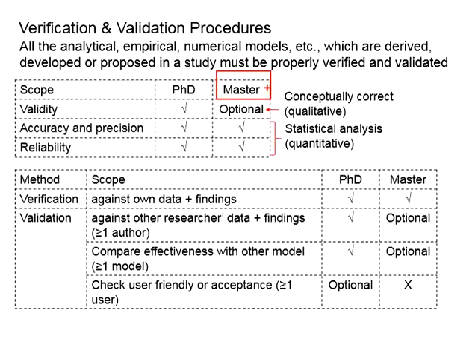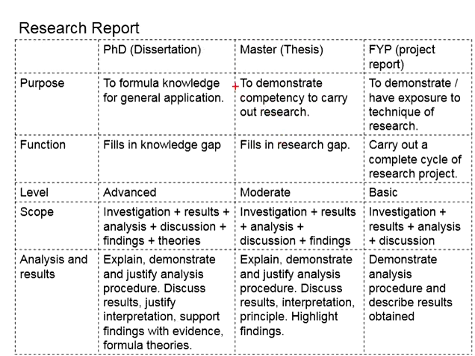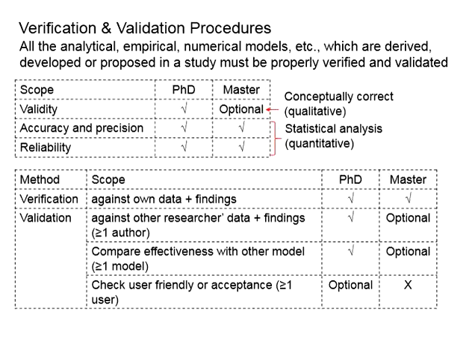As for the Master's level, you will just need to demonstrate your competency to carry out good research. This can be done by knowing the importance of verifying or validating the models, and coming up with a mechanism to determine the levels of reliability of the models, as well as the accuracy of the predicted results. As for the validity part, this is optional.